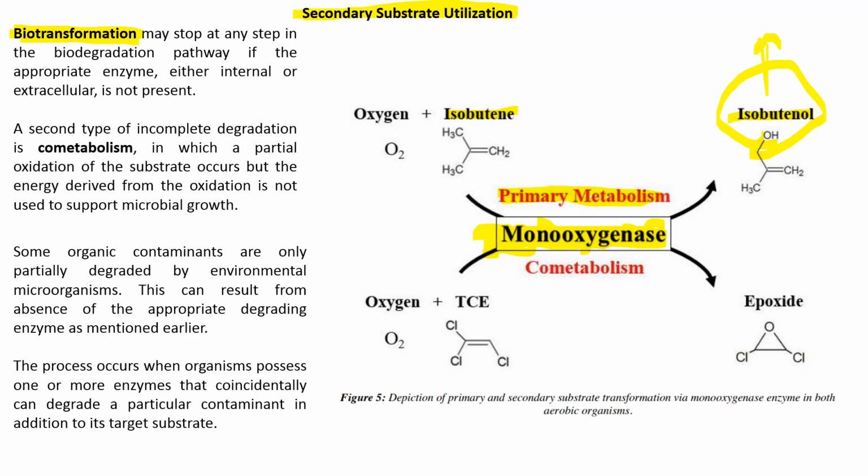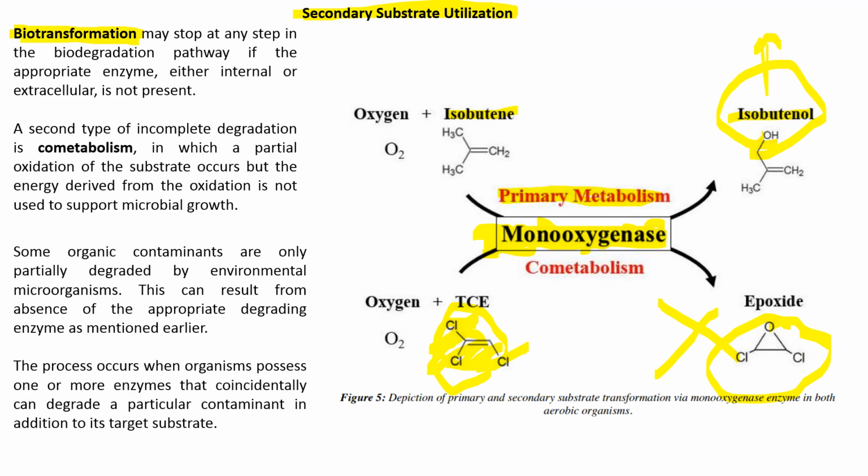But in secondary substrate utilization, this enzyme also converts trichloroethene, which is an organic pollutant, into epoxide, and this epoxide cannot be used for metabolism. It cannot be converted into an organic form or taken into glycolysis or Krebs cycle.